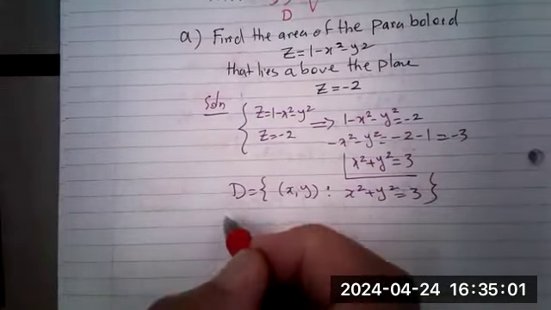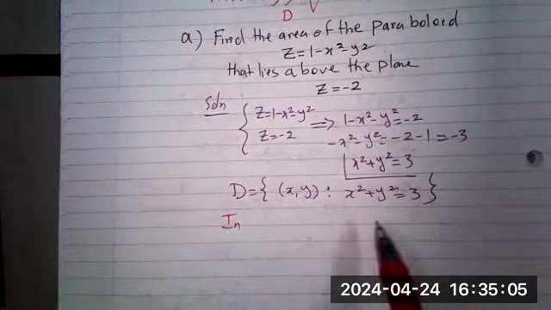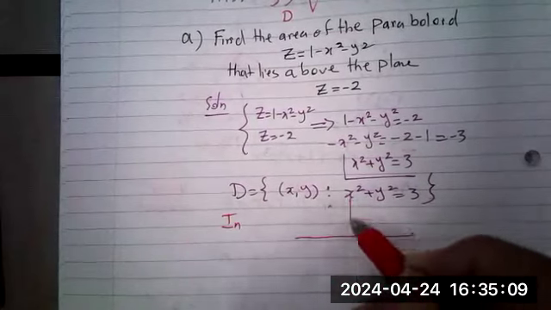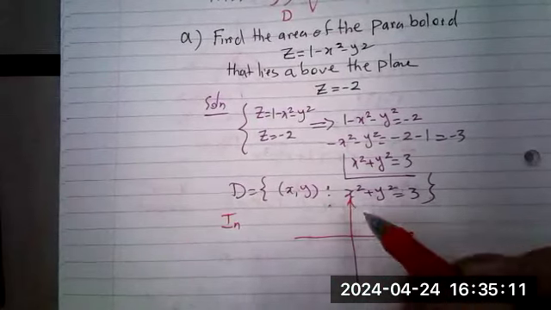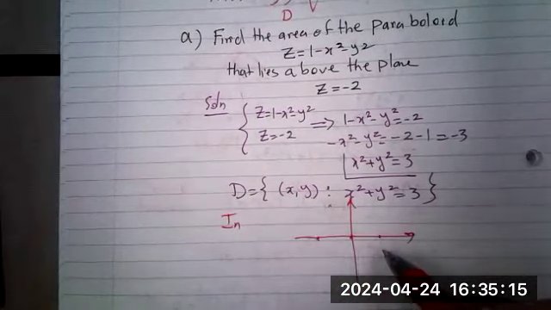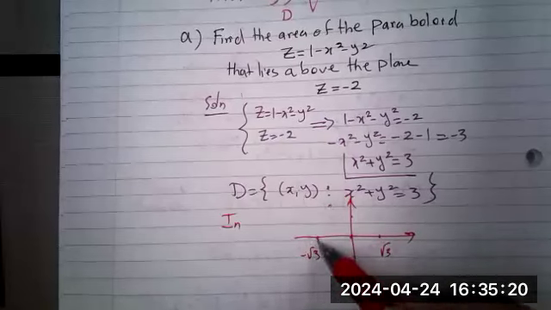So what is this circle in polar form? You can graph it or just talk. This is a circle centered at 0, and the radius is radical 3, negative radical 3 left and right, up and down.